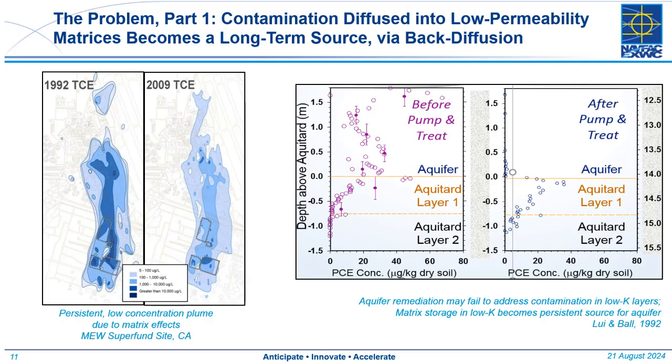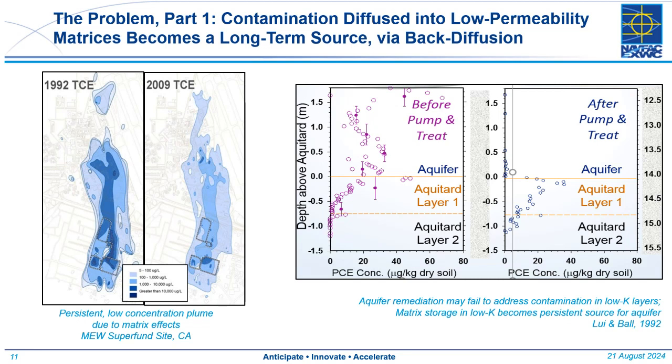Pump and treat removed the PCE from the soil in the aquifer, but in the aquitard, the low permeability layer, pump and treat really did not reduce the PCE concentrations. It basically had no effect.